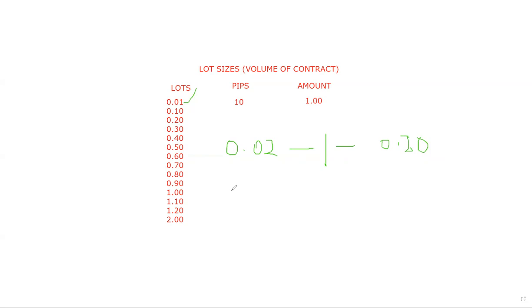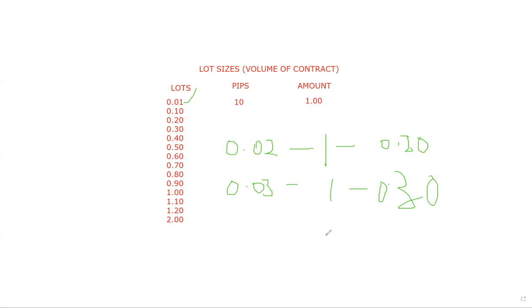20 cents. If you are using 0.03, then 1 pip will be what? 30 cents. Is that clear? If you are using 0.04, 1 pip will be what? 40 cents. 0.05, 1 pip will be 50 cents.